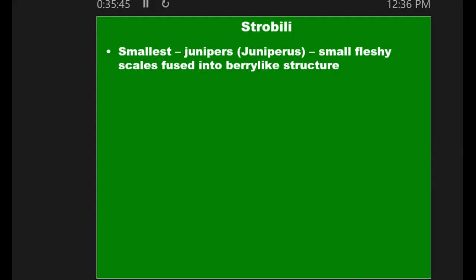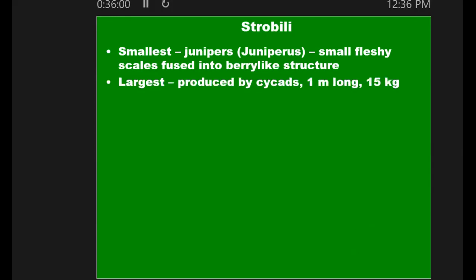If you go out west, I was really surprised the first time I went out west to see juniper trees, because around here it's just bushes, very low to the ground, but they have some really amazing morphologies out west. Junipers have really small strobili, where the scales are really tight to each other.